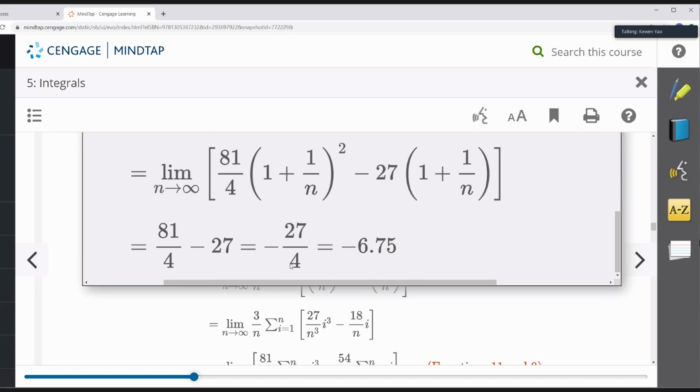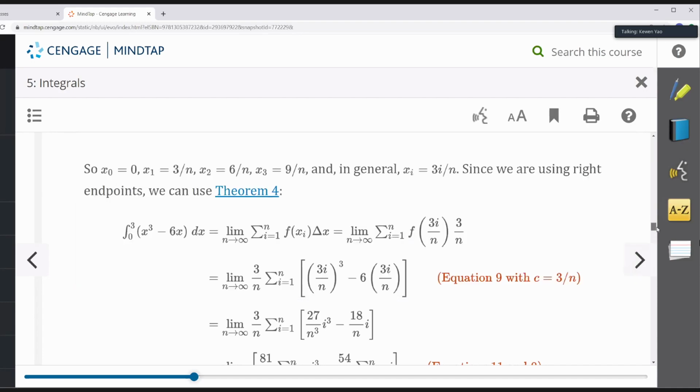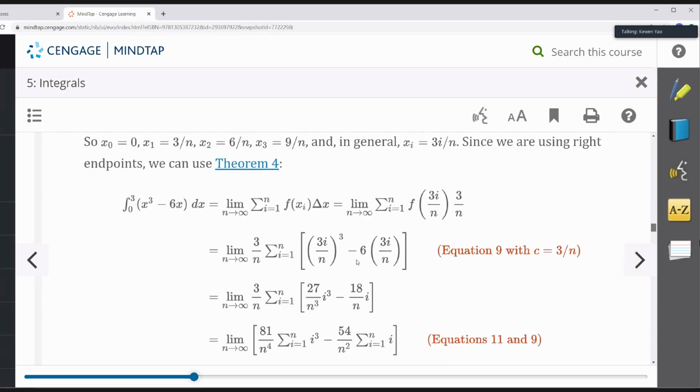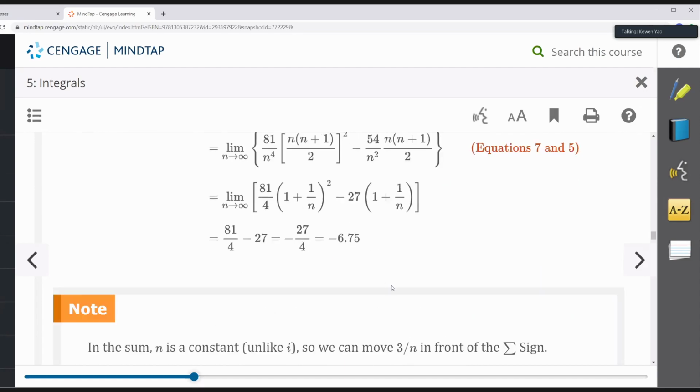So this goes to 0, minus 27. 4 is the common denominator, so the answer is this. Negative 6.75. So we have found the integral for this. It's quite long, but the idea is very simple. You use the limit of the Riemann sum method to get this number. The answer is negative 6.75.